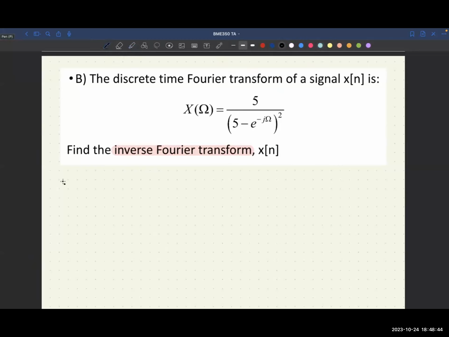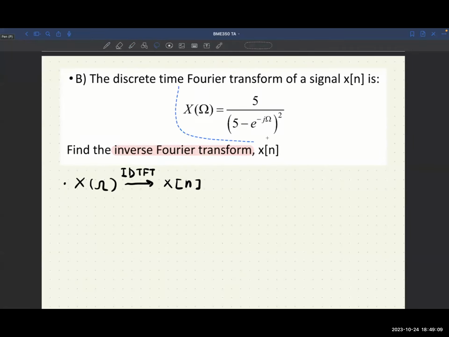So we were given signal X omega, right? It's in frequency domain. And to change that into a signal in discrete time domain, we're gonna use inverse discrete time Fourier transform.